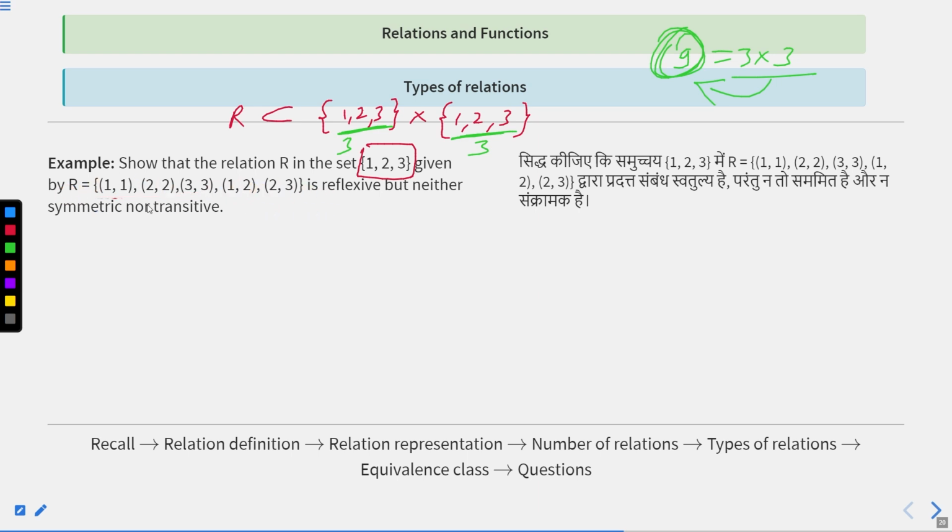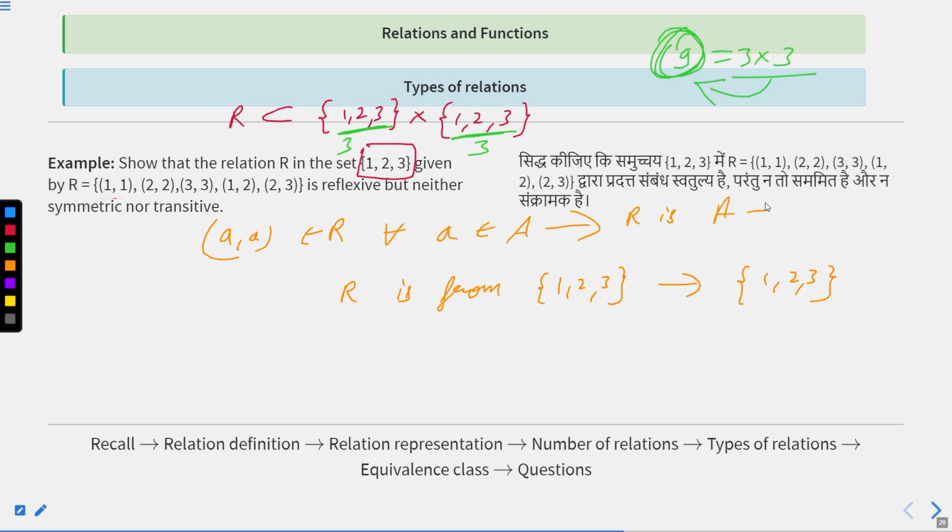For reflexivity, we need (A, A) to belong to the set R for every A belonging to the set A. Here R is from this set to this set, so (A, A) must belong to R for every A in {1, 2, 3}.